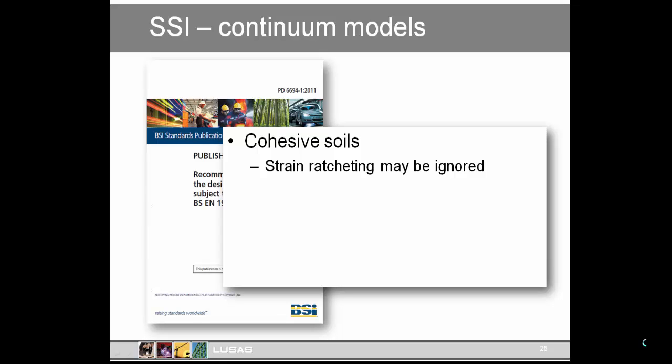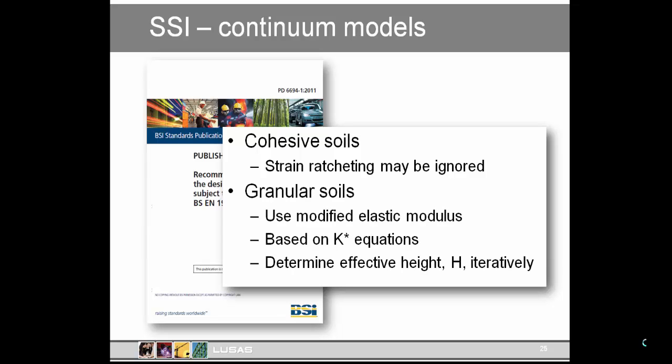The okay news is that for granular soils, PD 6694 Part 1 gives a method in Annex A describing a way of modifying the elastic modulus of the soil continuum over the top part of the wall where the movement is most significant, and so where the ratcheting effect is most significant.